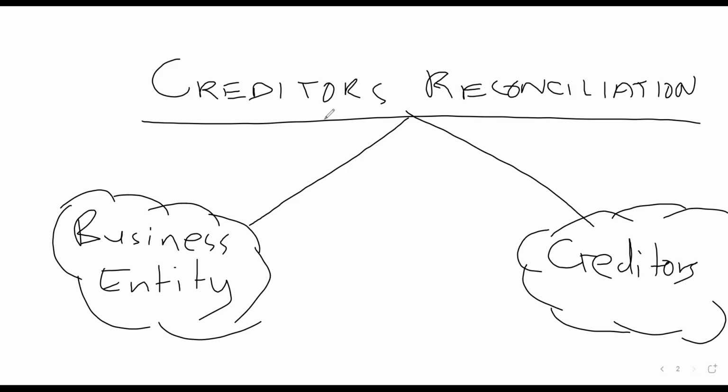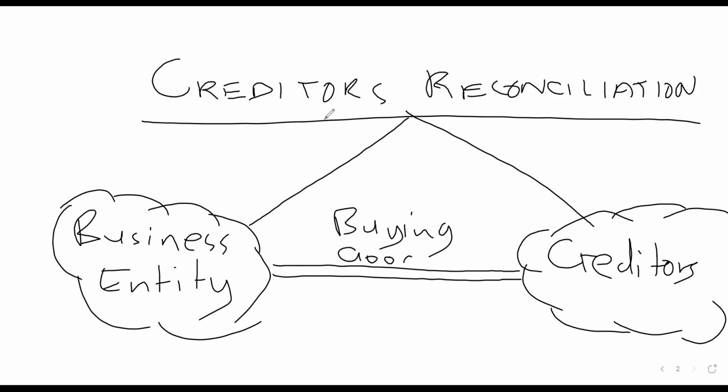Creditors by definition refers to third parties from whom we as a business buy goods or services on credit. The relationship between us and them is simply us buying goods, and at times a service, on credit from creditors.